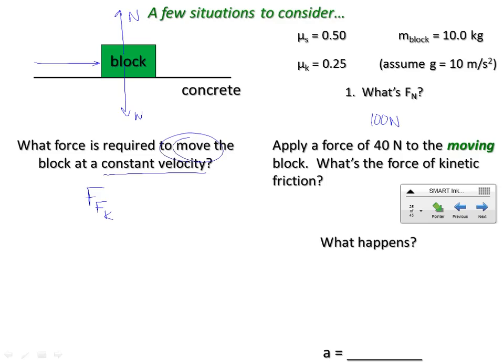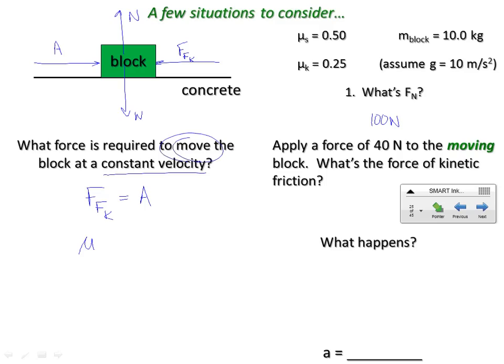If we want to move this thing at a constant velocity, we apply a force equal and opposite to FFK. I'm sort of skipping writing net force in the x equals 0, A minus FFK equals 0, and therefore A equals FFK. On a test, you'll write all those things, of course. So there's how much force we have to apply.